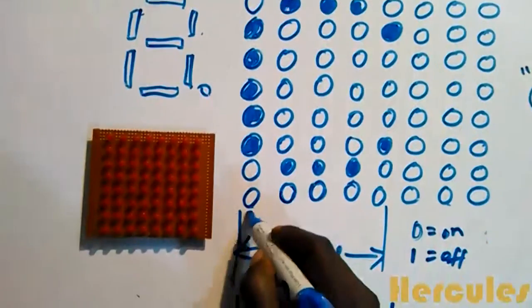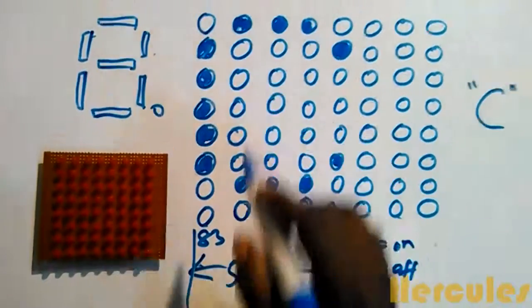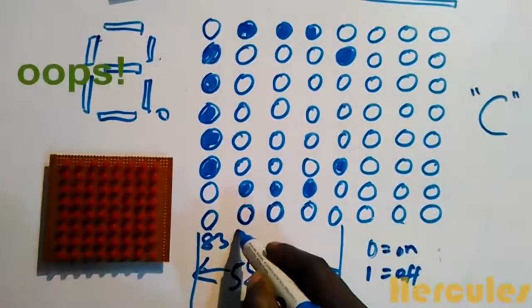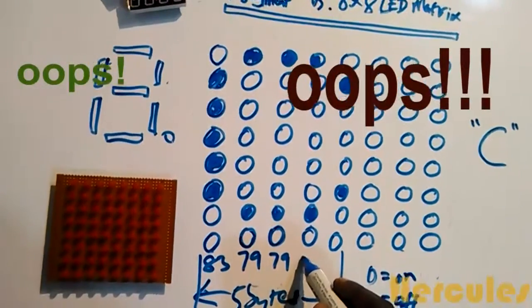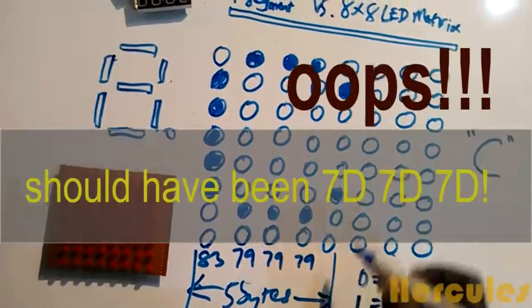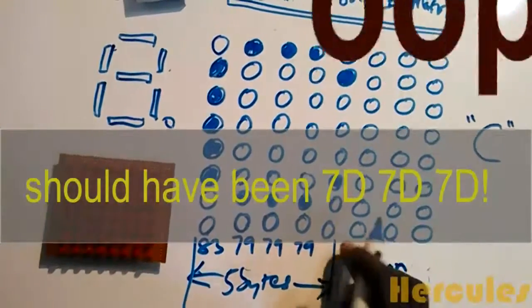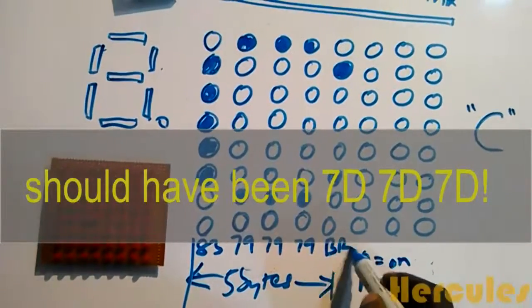So for this particular column, we have 83 hexadecimal. If we go ahead and do the others, you have 79, 79, 79, and if we were to get this one, we would have B.